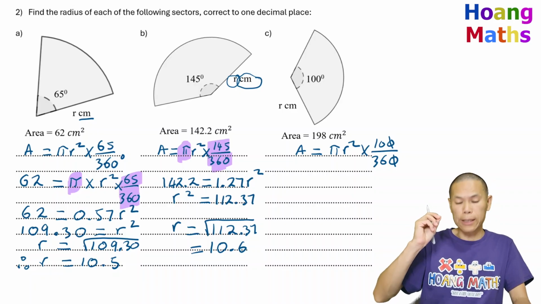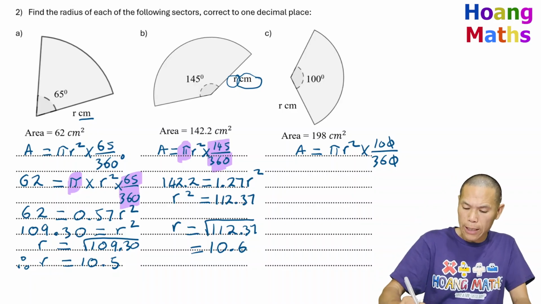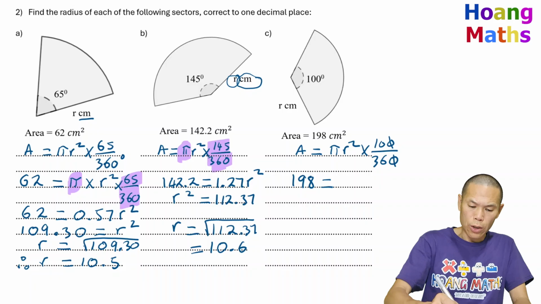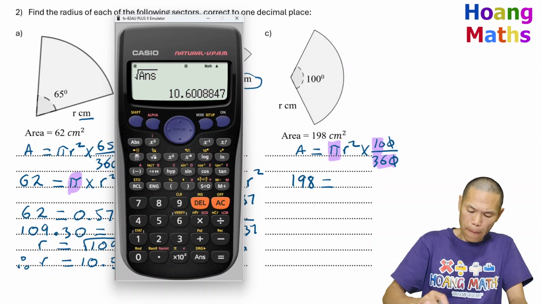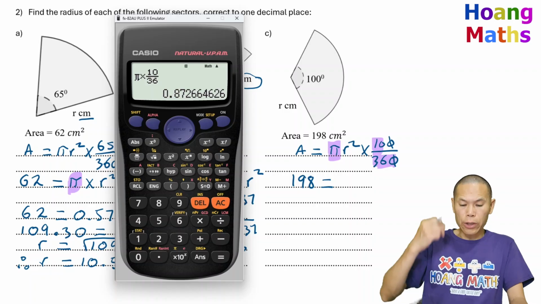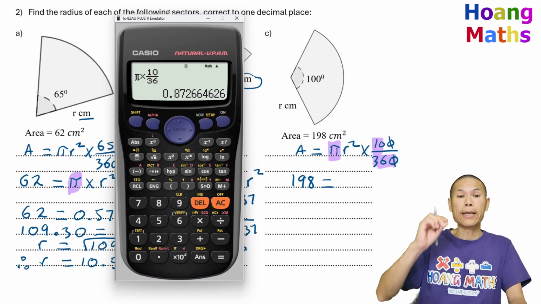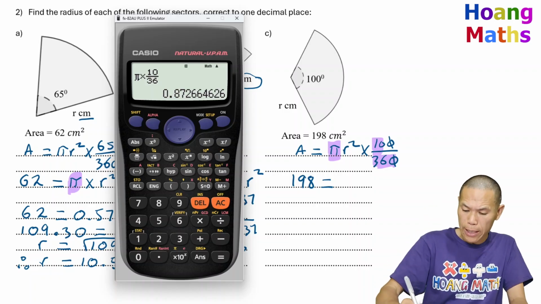And the area is given by 198. So 198 is equal to, so I just need to calculate, work this out first. So I just go shift pi times 10 over 36. So there you go, 0.87 for now.